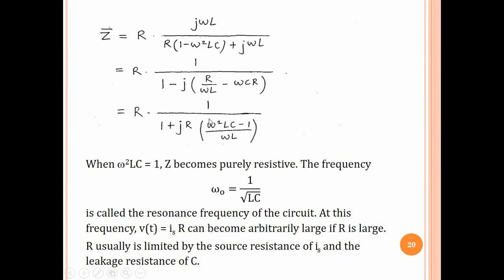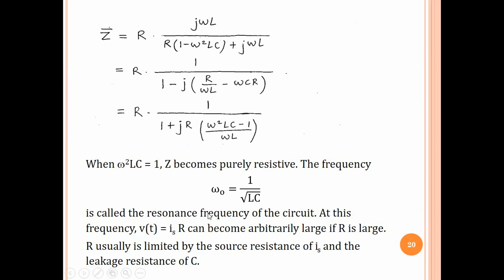When that becomes 0, this whole imaginary term becomes 0, and Z, the total impedance of the parallel RLC circuit, becomes equal to just R, which is purely resistive. This frequency, omega squared LC equal to 1, which means omega is 1 by square root of LC, is usually represented as omega naught, and it is called the resonance frequency of the circuit.